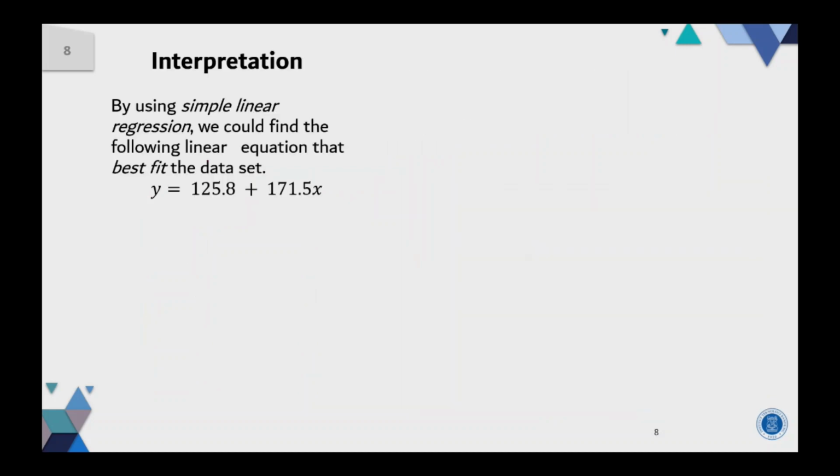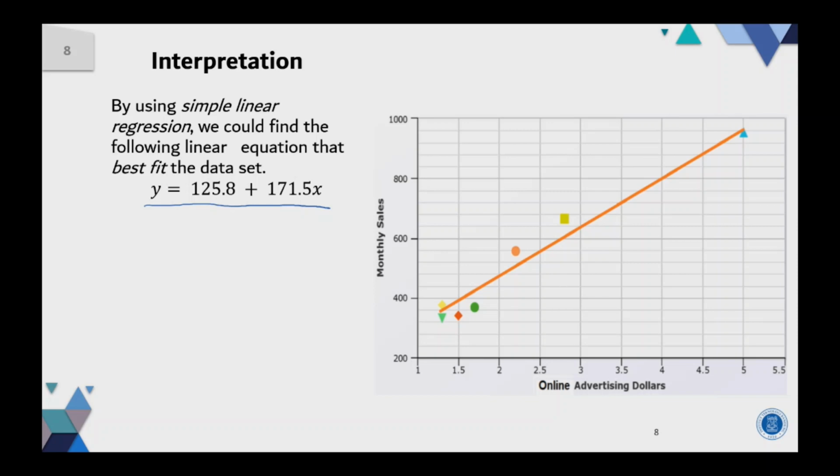So if you use simple linear regression, you will find that the linear equation that best fits the data set will be this one. How to find it, you can learn later on, or if you want to learn it now, go to the internet and find what simple linear regression is. All right, so if I draw it, it will be something like this. This is the line, and the data set is still as drawn before.